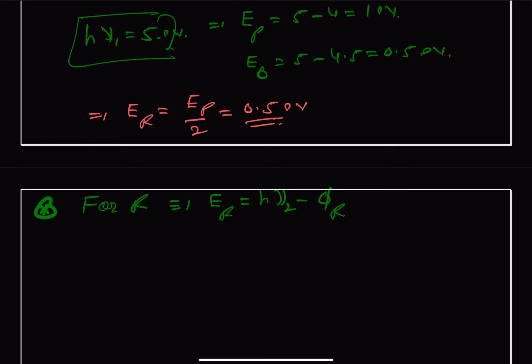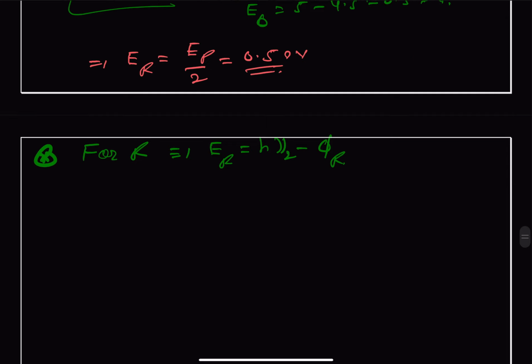and all the values we know except for the work function part. So ER is 0.5, and h nu2 minus the work function of 5 is 5.